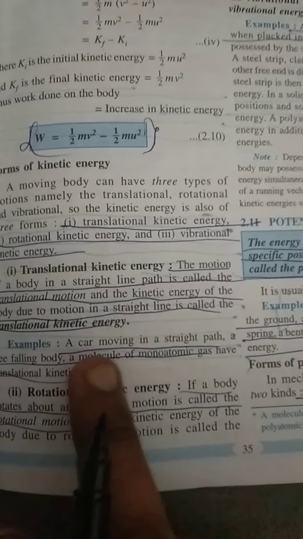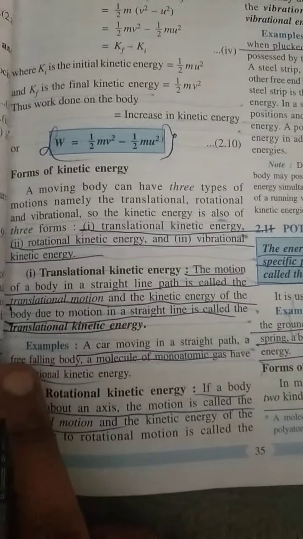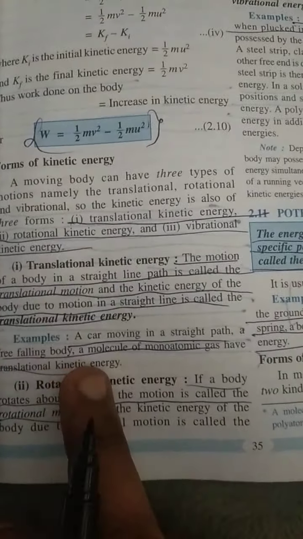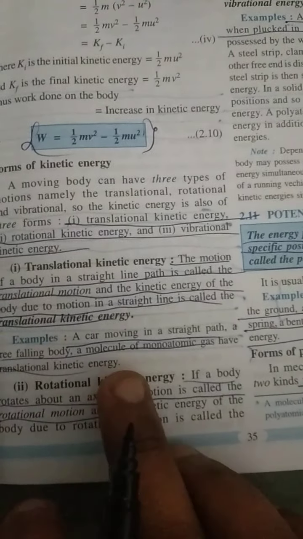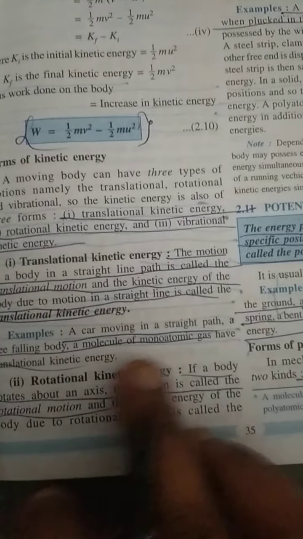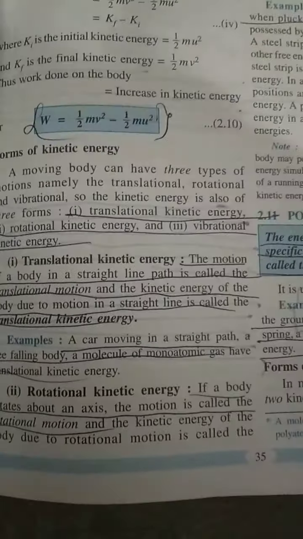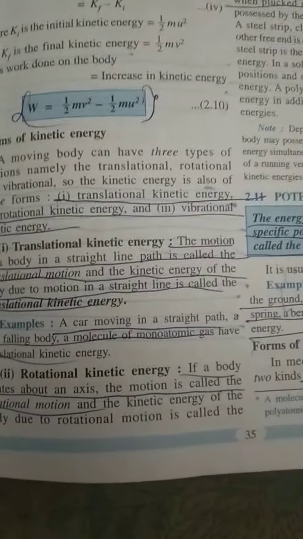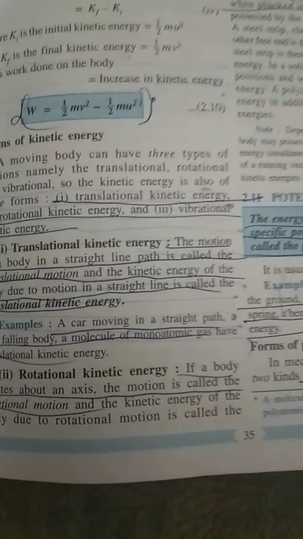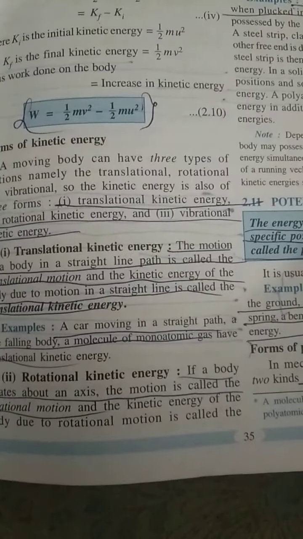For example, a car moving in a straight path, a freely falling body, a molecule of a monoatomic gas have translational kinetic energy. All bodies which are moving in a straight line have translational kinetic energy. Now next is rotational kinetic energy.